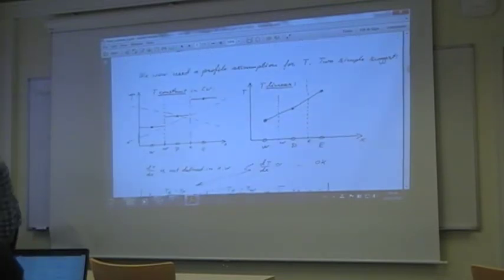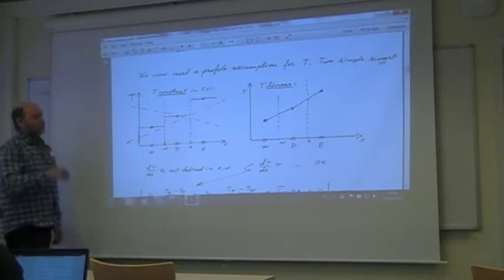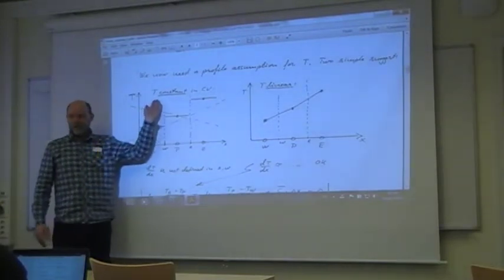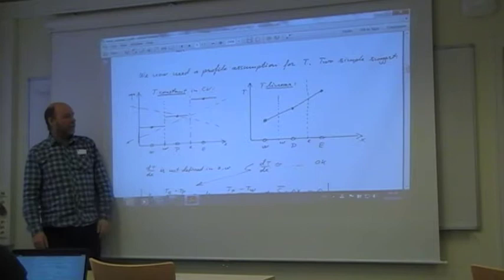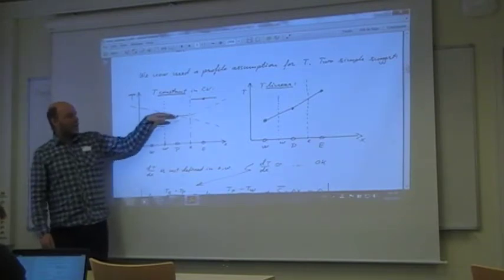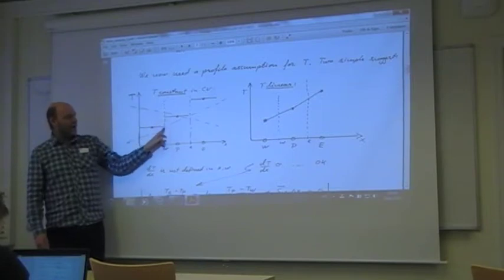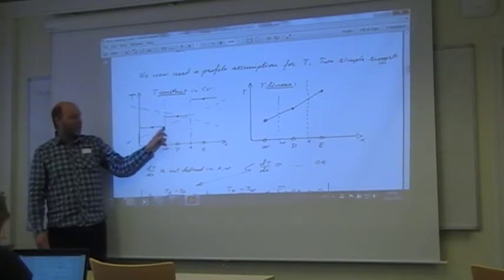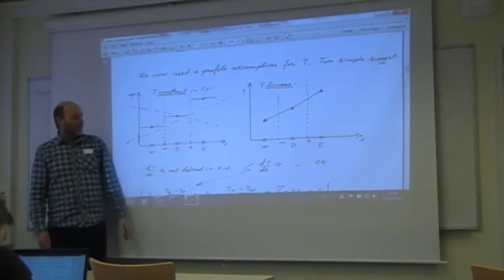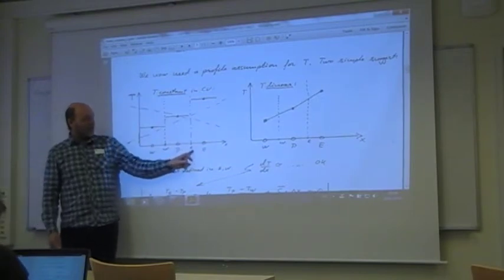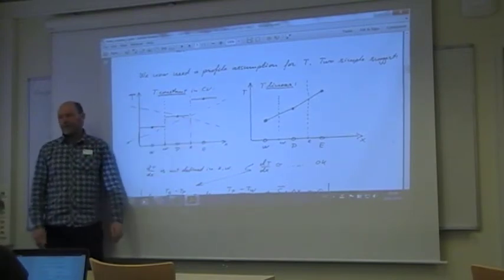So here are a couple of suggestions. The first one, you say, my unknown is constant inside my volume. Well, you can do that, but then you run into problems. What is a reasonable value for the derivatives on the faces, on small w, small e? It's not defined. You can't really do this.